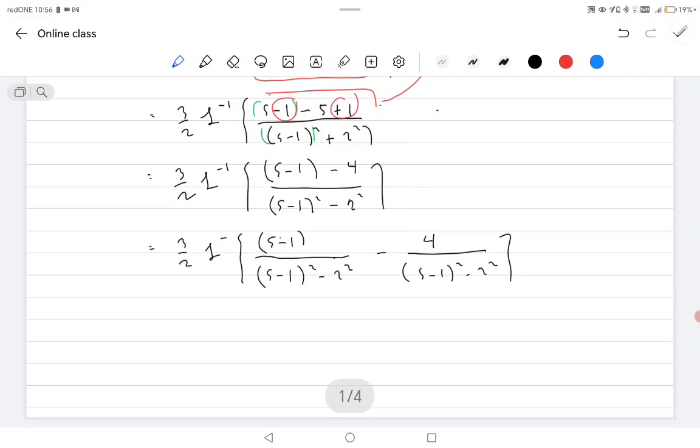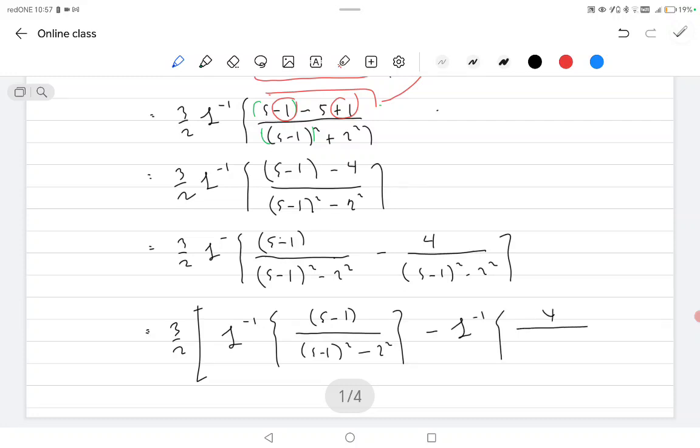And by using the linearity concept, we can actually solve one by one. So we have 3 over 2 inverse Laplace of (s minus 1) over ((s minus 1) squared plus 2 squared), minus inverse Laplace of 4 over ((s minus 1) squared plus 2 squared).